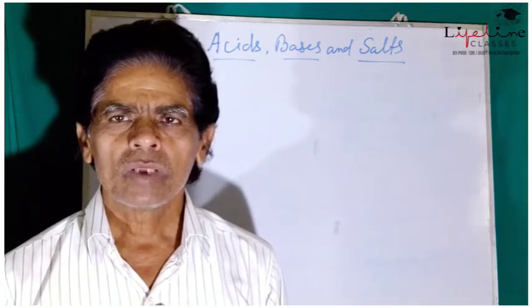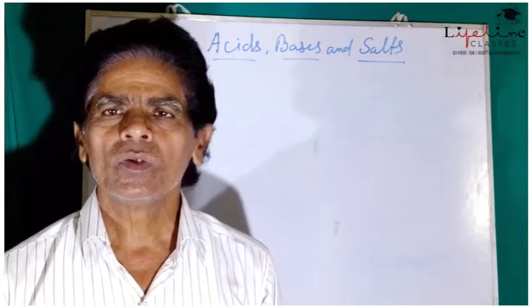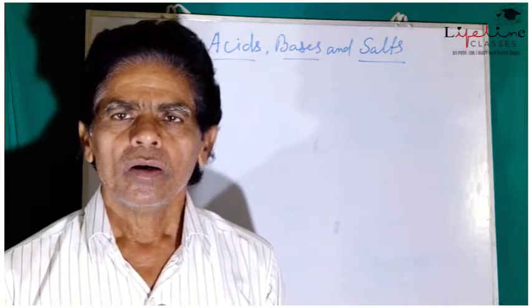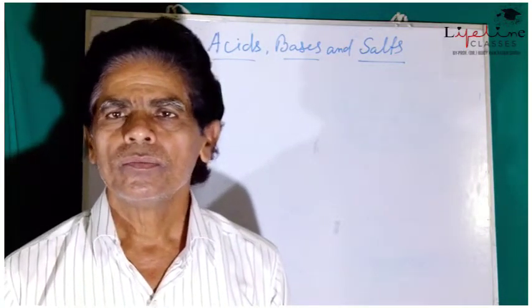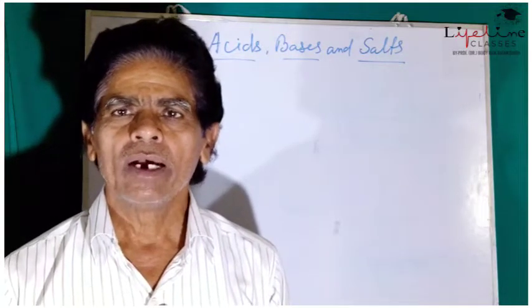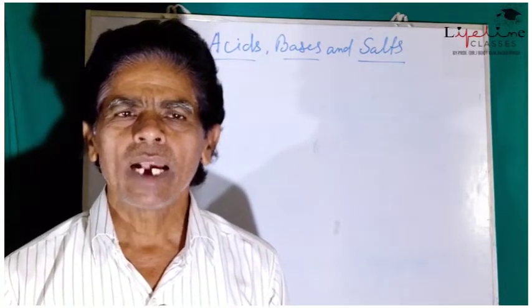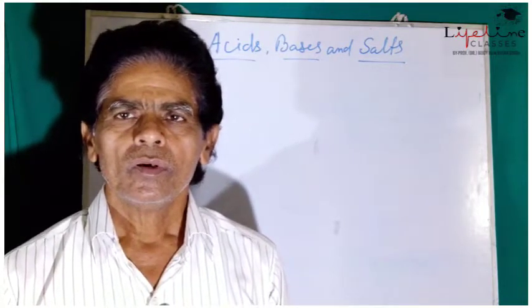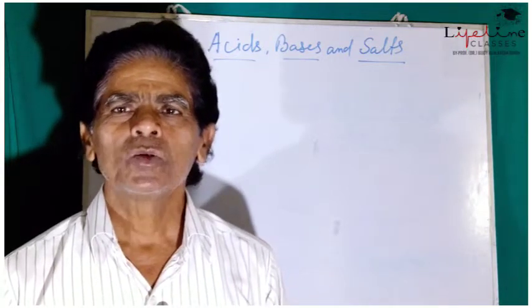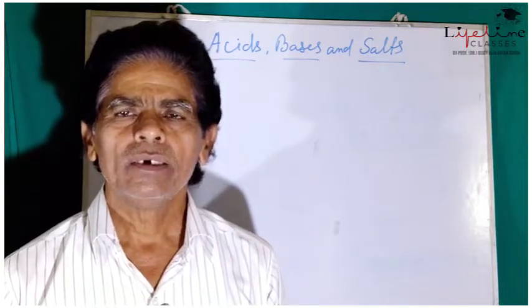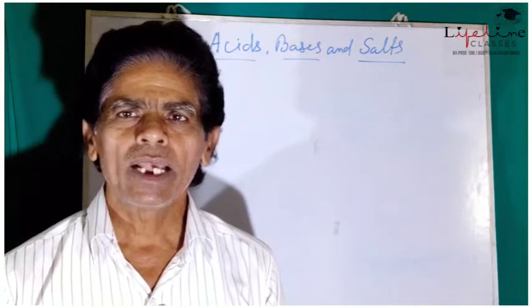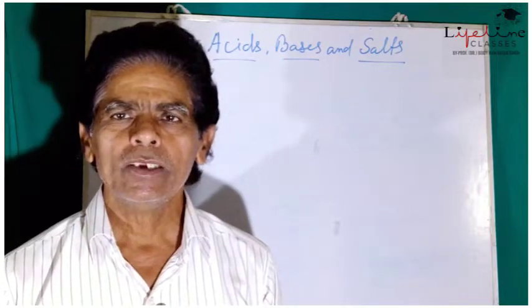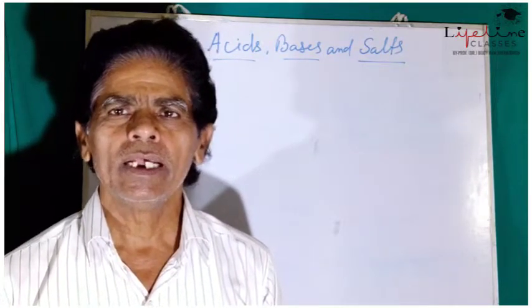All the sour tasting materials like lemon, orange, curd, vinegar and citrus fruits like guava, unripe mango, grapes and so many fruits and other things that can be used in our day-to-day life. These substances contain acids.